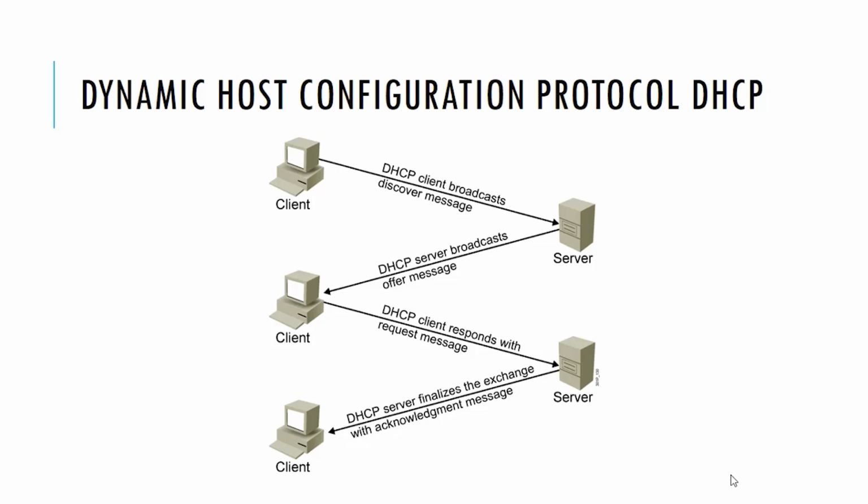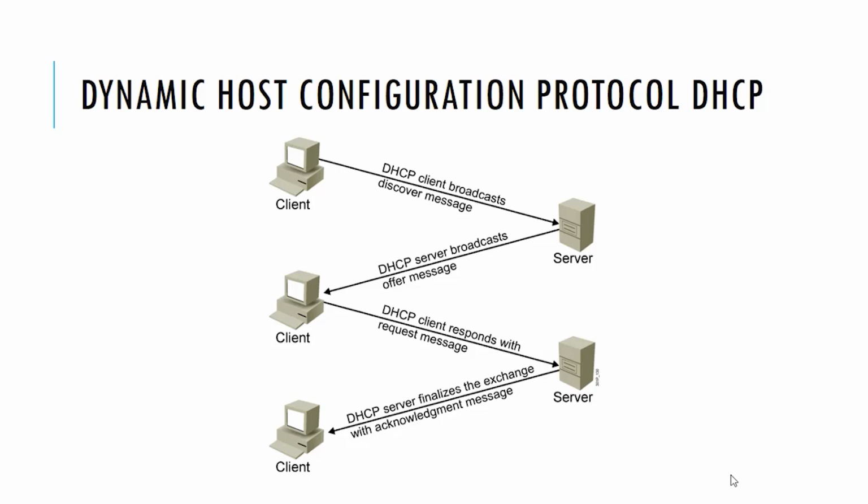One of the servers sends the DHCP server broadcast offer message, which means that it offers the client some of the TCP/IP parameters that it can take to start and work over the internet. What are these parameters? These parameters are the IP address, the subnet mask, the default gateway, and the DNS mainly. The DNS server that it can contact to communicate over the internet.